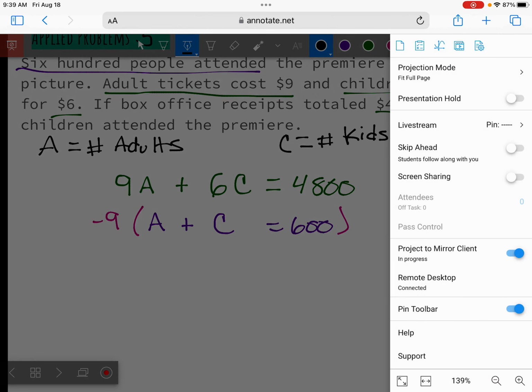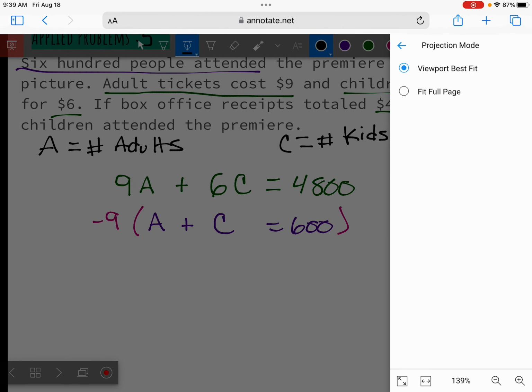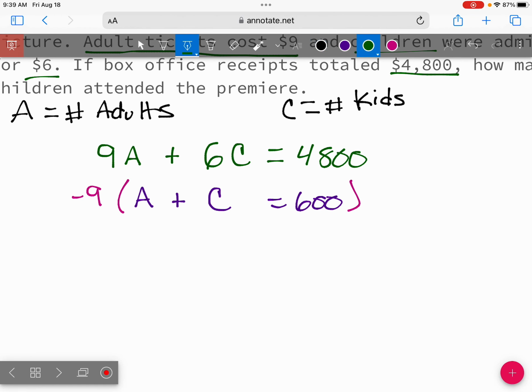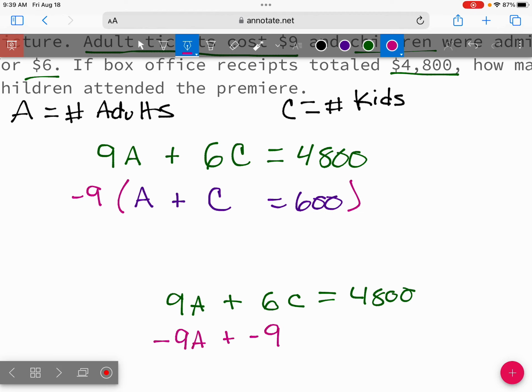I'm going to give us a little more space. There we go. So I'm going to copy the green equation down. My 9a plus 6c equals 4,800. And then now I'm doing the second one. This was just copying this guy down again so that I can have them next to each other. So then we're going to have -9a plus -9c.